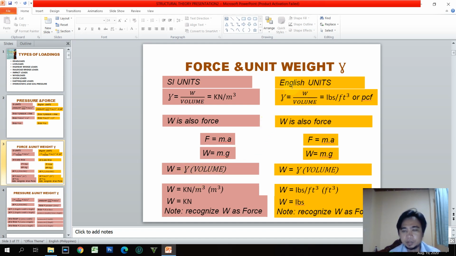So in English units, just the same. PCF is now multiplied by the cubic feet in order to eliminate cubic feet at the bottom, and then we come up with the unit force W. Okay, so it's very easy, and just refer to the unit. Even if you do not know the formula, you can recall the formula by the unit itself.